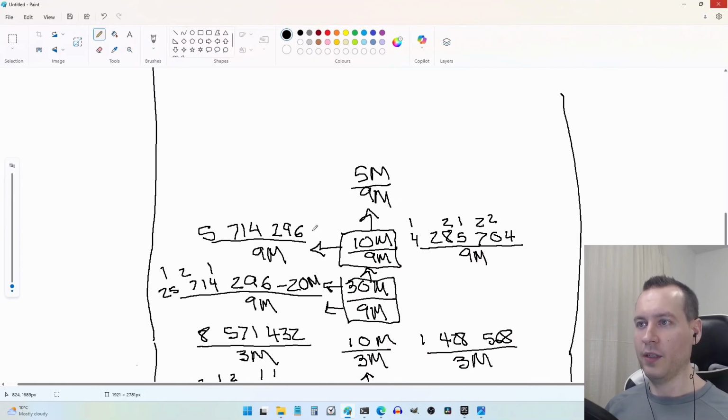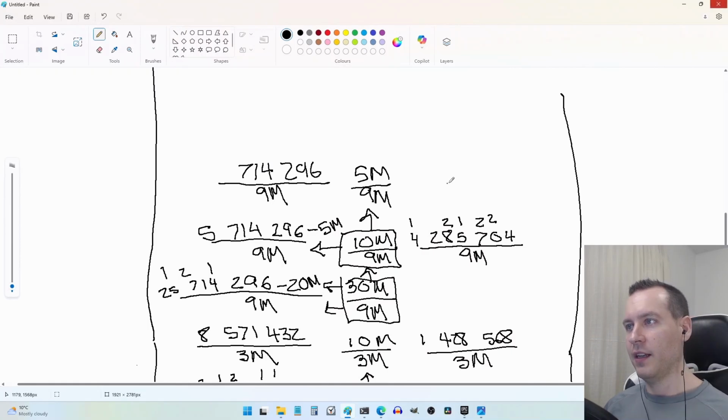And we simply will subtract 5 million. We don't need to change any denominators this step, and it'll just be this remaining 714,296, and this one will be over 9 million. The right will be the exact same number. I'm just going to bring this one up to the same level.